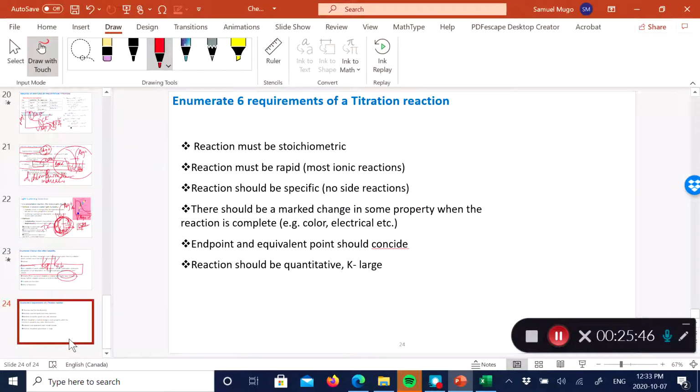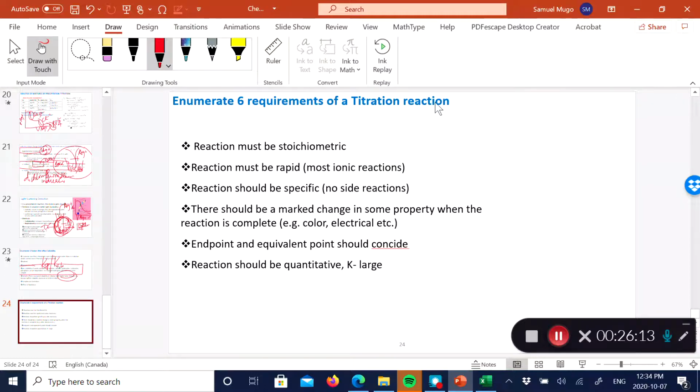Lastly, you can be asked to enumerate factors or requirements of a titration reaction. Maybe you can be asked to design an analytical method based on precipitation titration, or even based on acid-base titration. So what are the factors that you should be looking for, to design that kind of an analytical method?